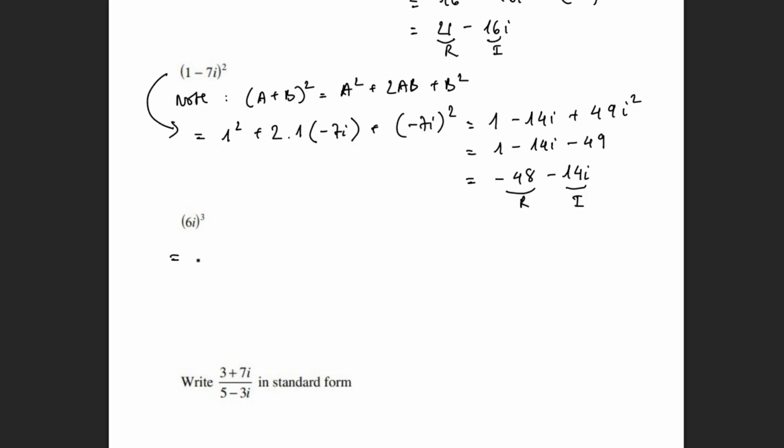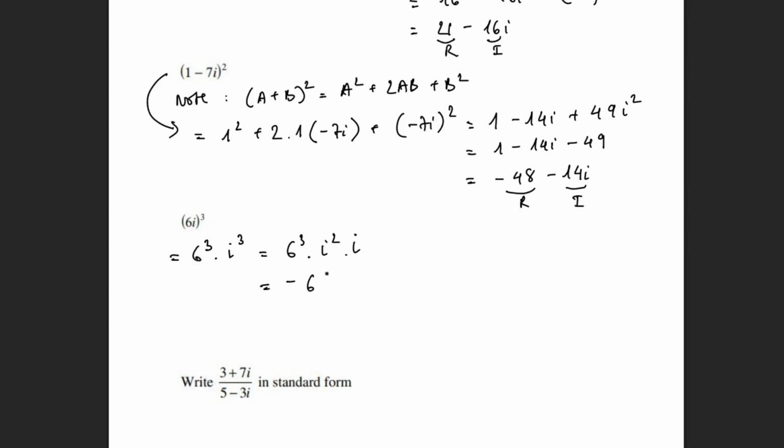In here we can break it down into 6³ times i³. So we can rewrite it as 6³ times i² times i. We know that i² equals -1, right?